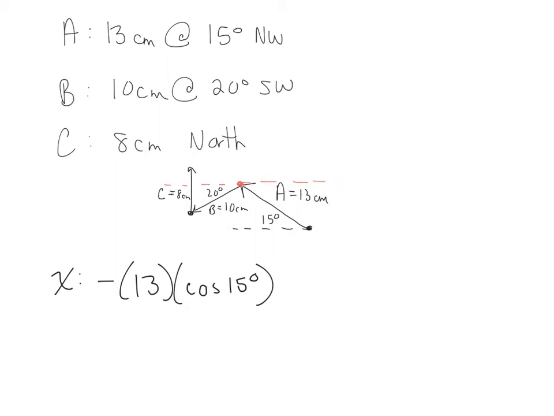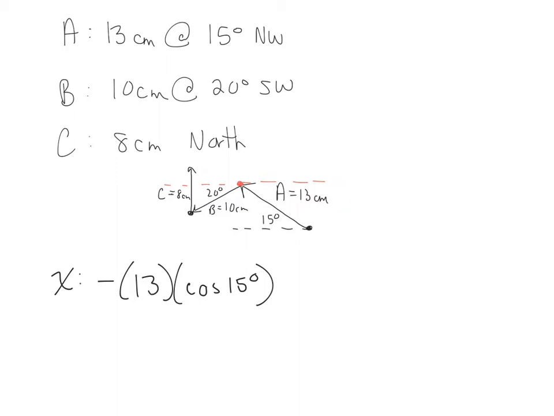How about vector B? Vector B, its x component. Again, with vector B, are we moving to the left or to the right? Because it's moving to the left. Again, vector B is moving down. We don't care about it because that's the y version. We'll see that in a moment. But for the horizontal component, it's moving left.